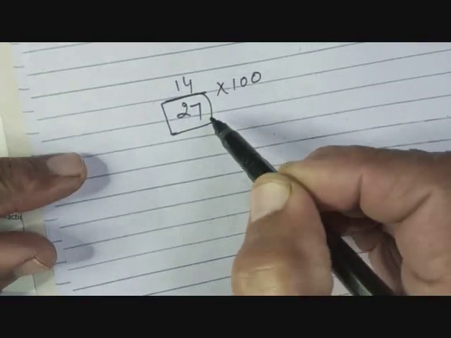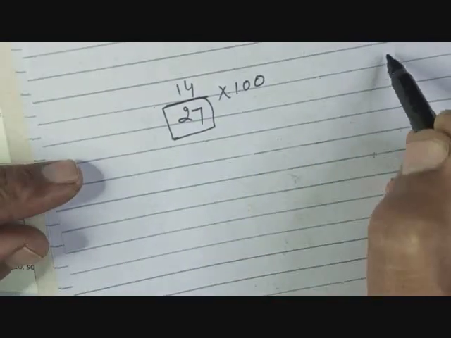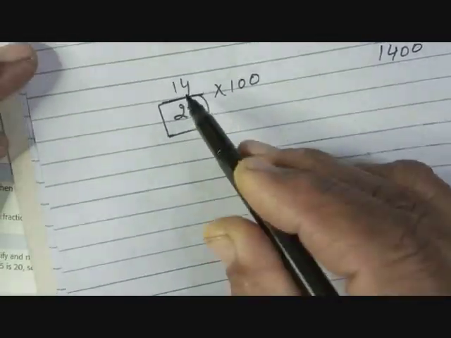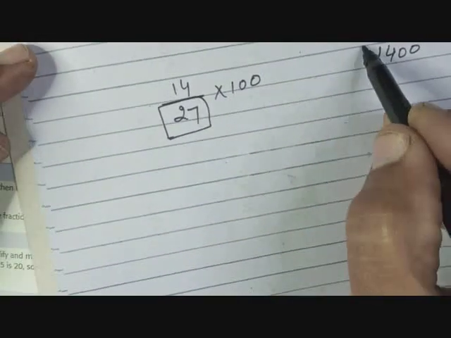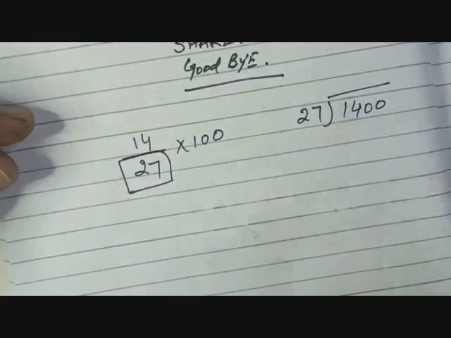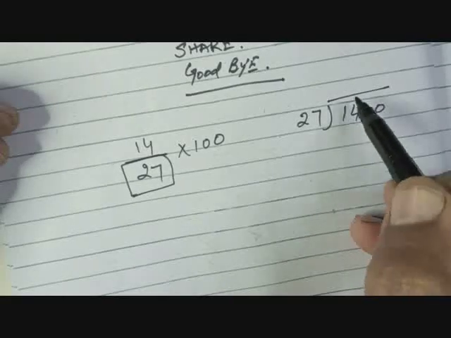When we multiply it by 100, this numerator will become 1400. Then we will divide it by 27. Now for 27 we have to look for the figure.